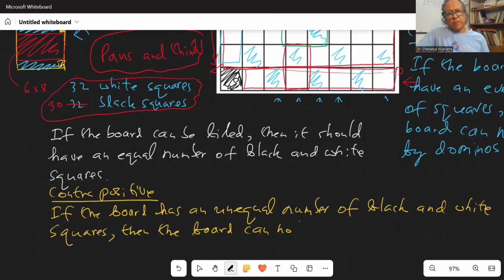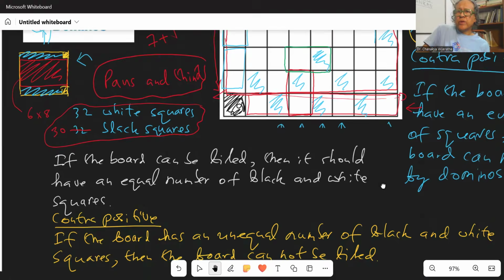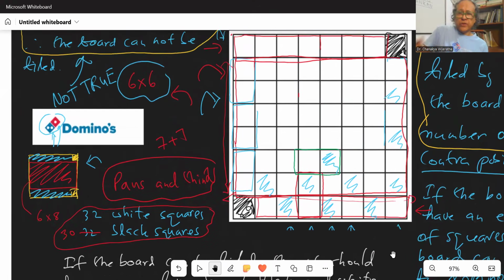So that means that this mutilated board with the bottom left and top right removed cannot be tiled by dominoes because it has an unequal number of black and white squares.